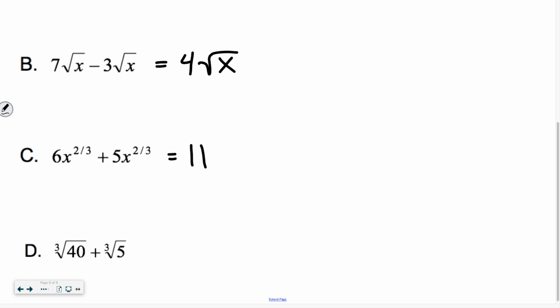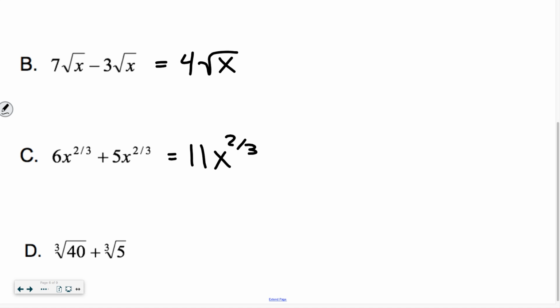That one shouldn't be such a stretch, leaving it as a rational exponent, because it's just like when you're foiling and you add like terms, x's go with other x's. So x to the 2/3 just adds with other x to the 2/3, but it wouldn't add with an x to the 5/3 because that's a different term.